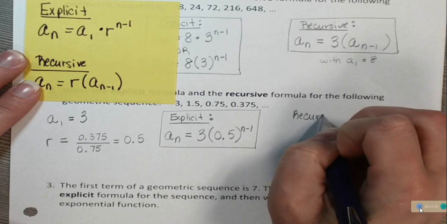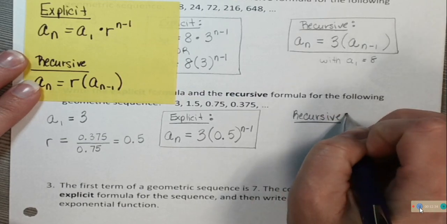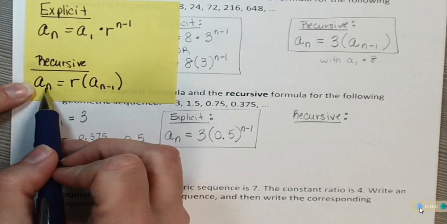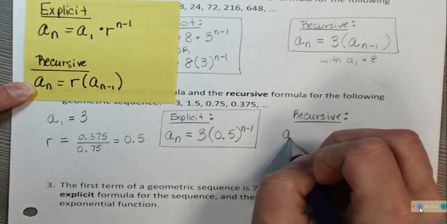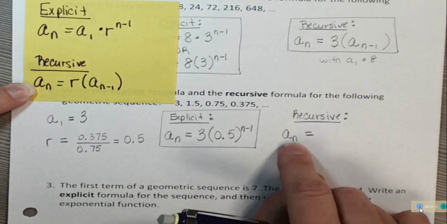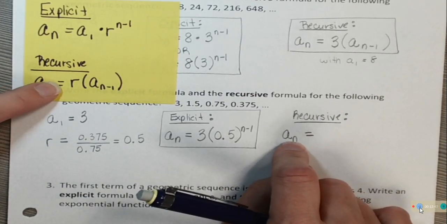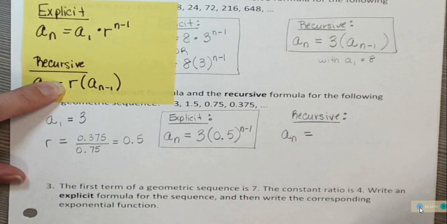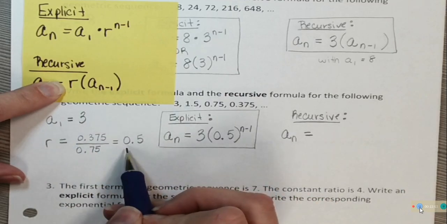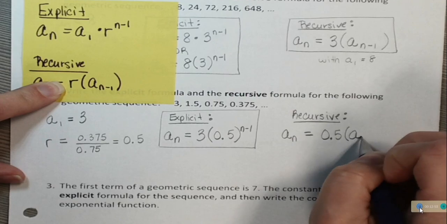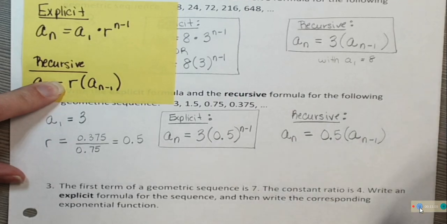So if I want the recursive sequence, I'm going to look at the recursive formula right here, and it says A sub n. I don't know A sub n. That's because I'm writing a function rule that would work for any n, any number. Equals R. What is our R? Our R, what we're multiplying by, is 0.5 times A subscript n minus 1.